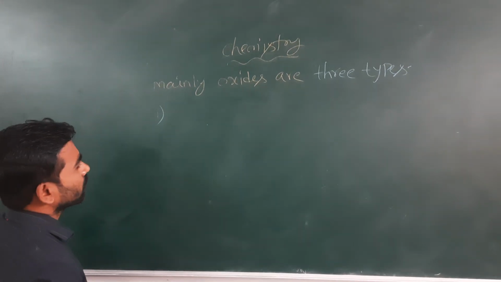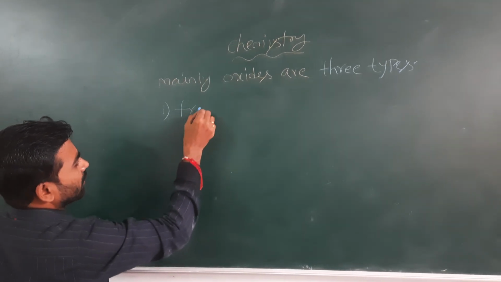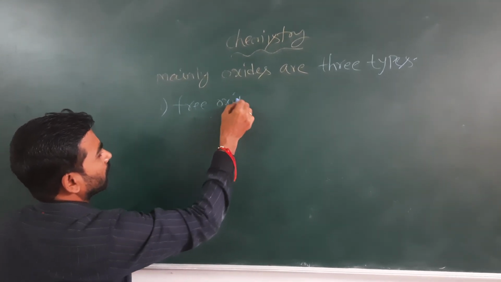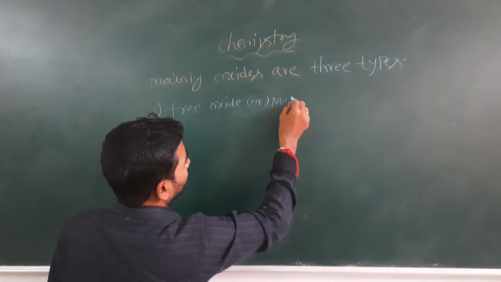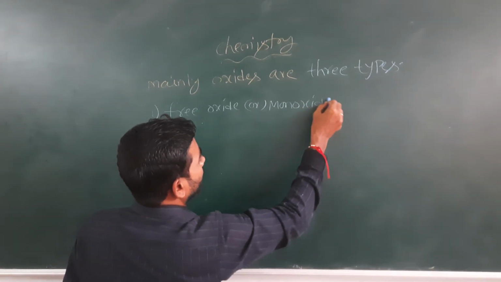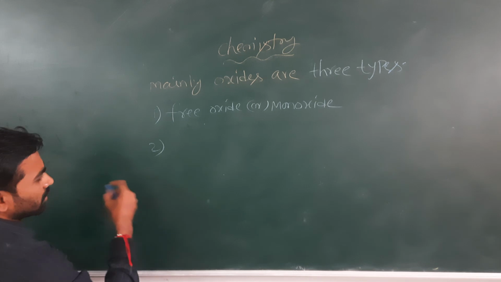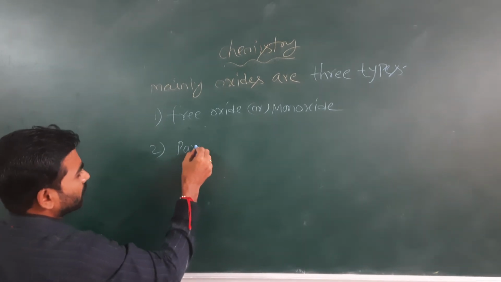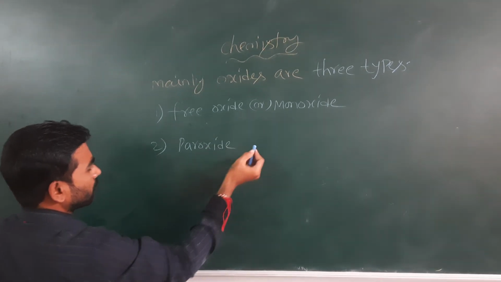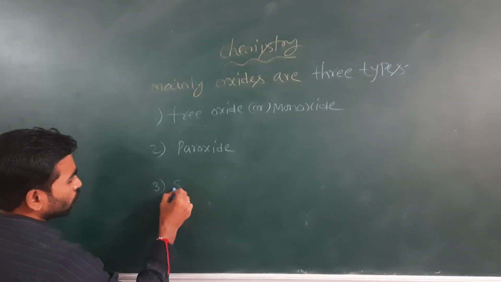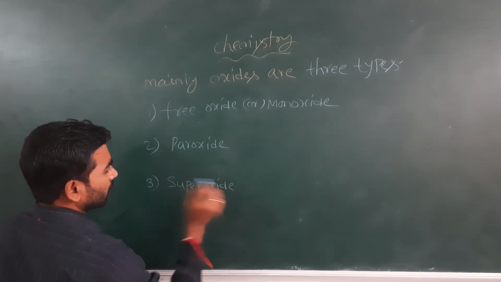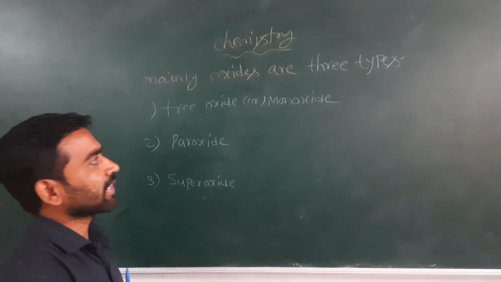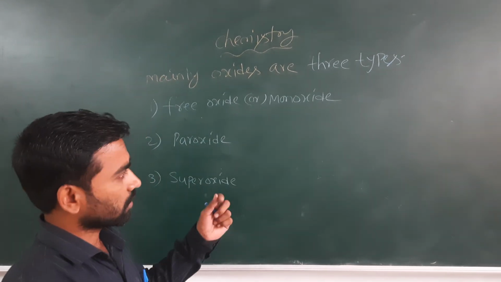First one is free oxide or monoxide. Second one is peroxide, and the third one is superoxide. These are the three categories of oxides.